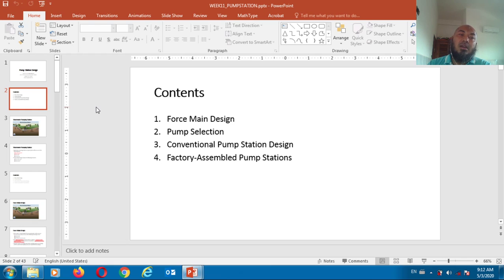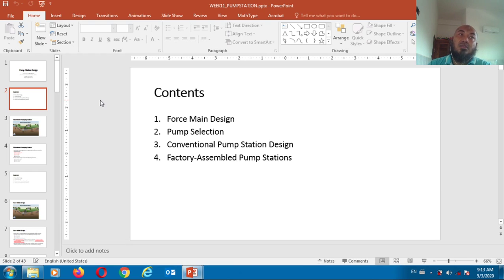Our head is based on the pipe, the force main, so we have to calculate the head along the pipe, as well as the head losses along the pipe, for example along the fittings and the connections.